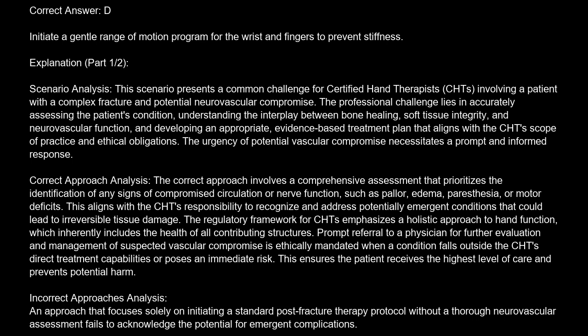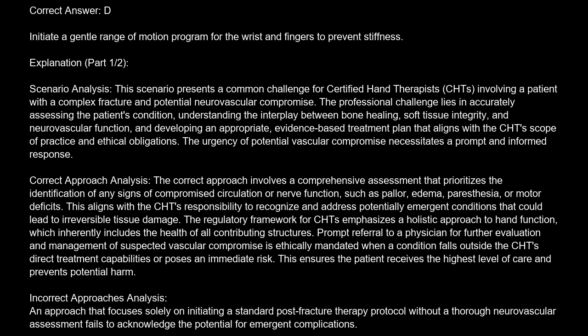Correct approach analysis. The correct approach involves a comprehensive assessment that prioritizes the identification of any signs of compromised circulation or nerve function, such as pallor, edema, paresthesia, or motor deficits. This aligns with the CHT's responsibility to recognize and address potentially emergent conditions that could lead to irreversible tissue damage.